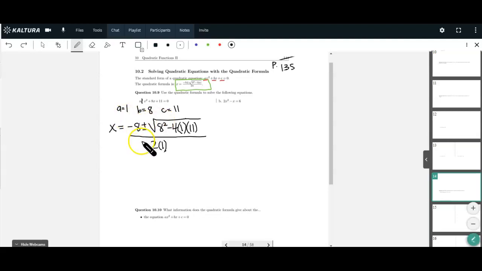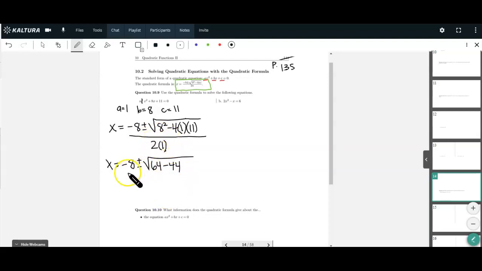Let's go ahead and work on this then. We need to simplify what's inside this square root. So I'll have x equals -8 plus or minus the square root of 64, minus 4 times 1 times 11, so that's minus 44 when I multiply those all together.